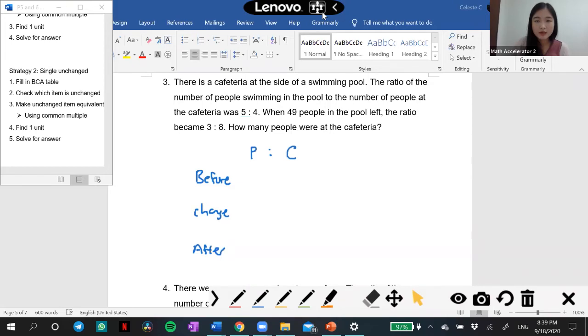Select the option in the poll. Okay, who is unchanged? Remember to fill in the BCA table.